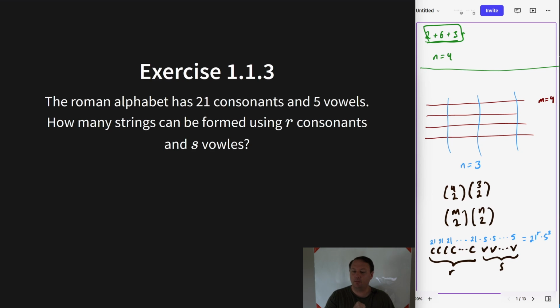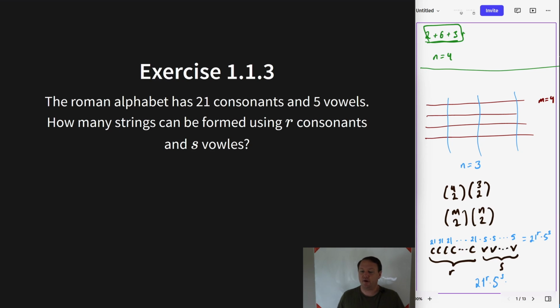So this would be the number of words if the consonants and vowels were arranged in this particular way, but for every possible rearrangement of locations of consonants and vowels, we get more choices that way. So we then multiply 21 to the R, 5 to the S, times the number of possible rearrangements.